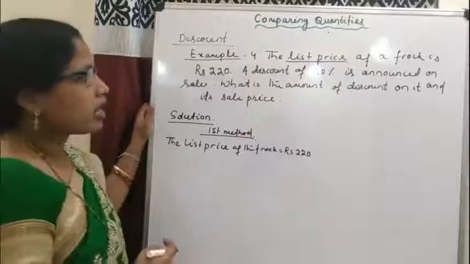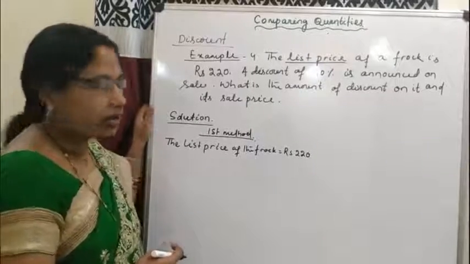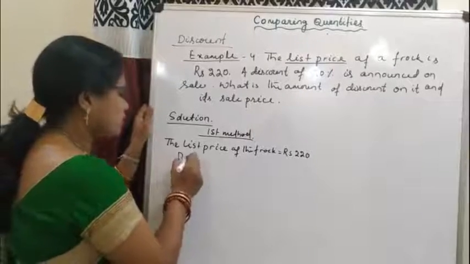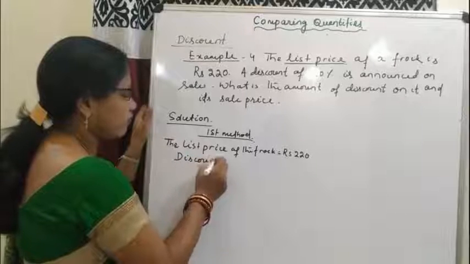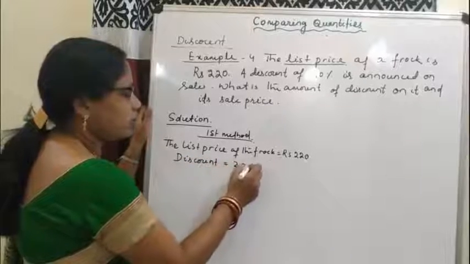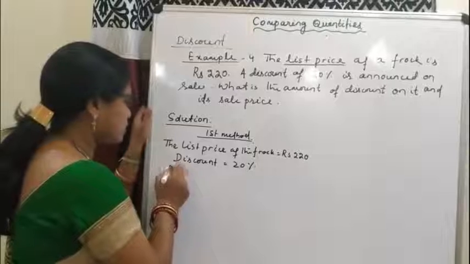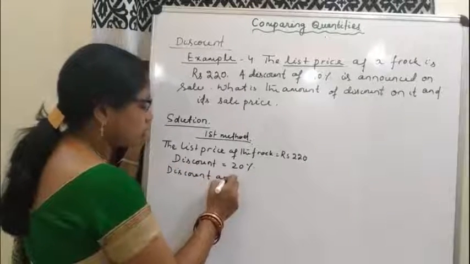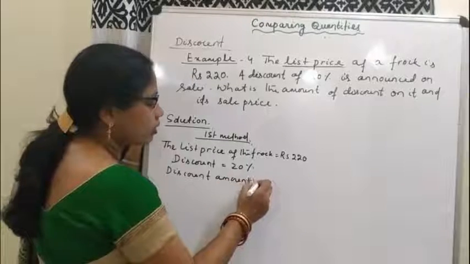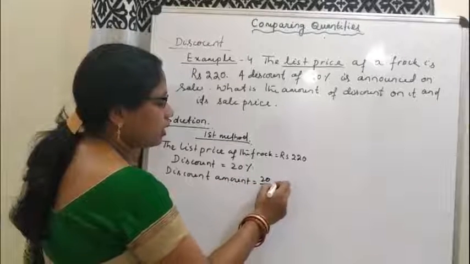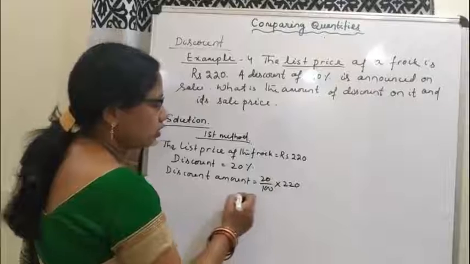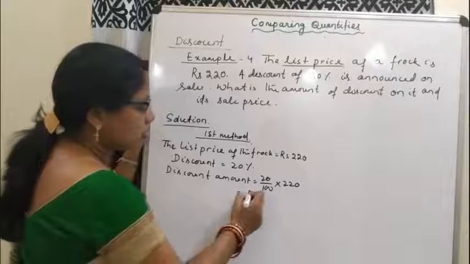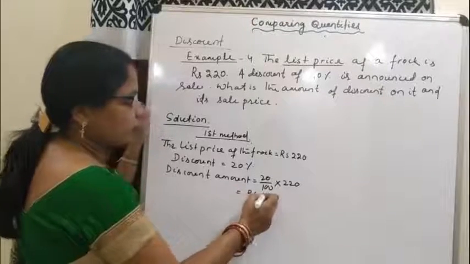Then a discount of 20% is announced. What is the discount amount? Our discount amount is equal to 20 by 100 multiplied by 220. This is equal to rupees 44.